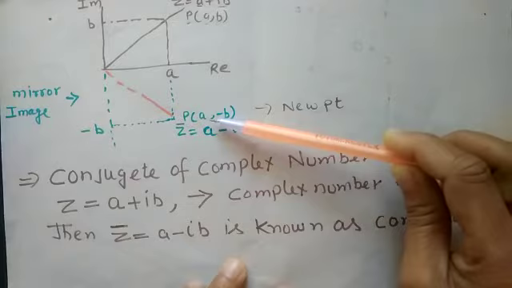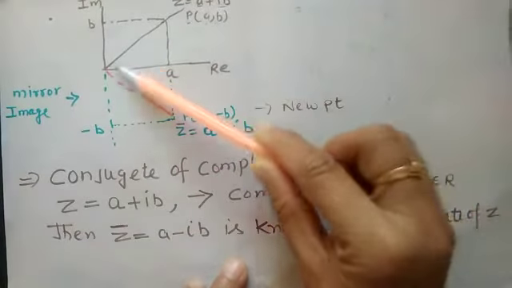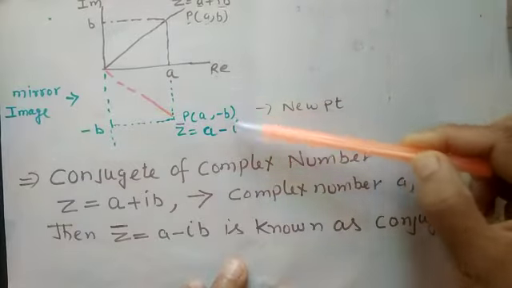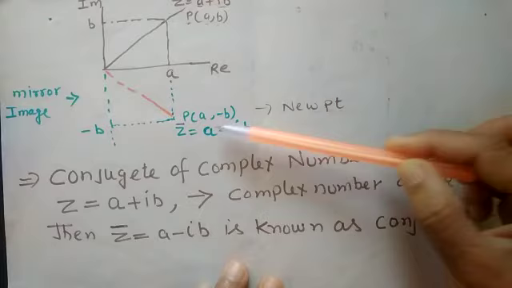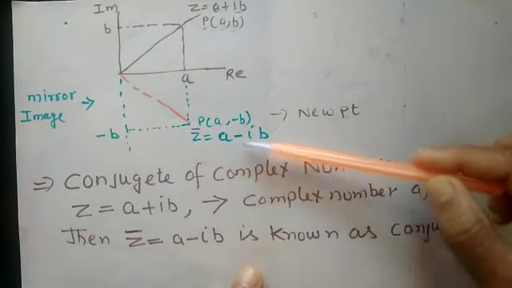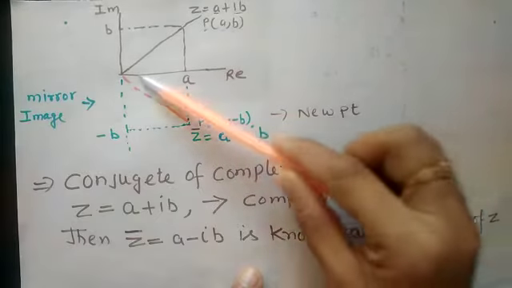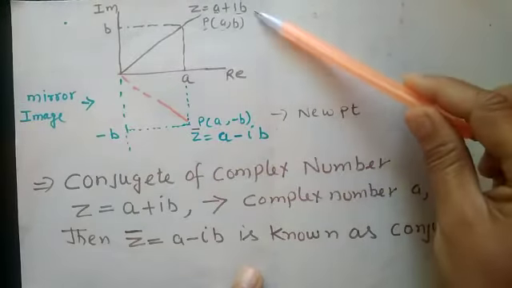So P will become a as it is. As I have told you, a will remain the same, but b will change. b will become minus b in the mirror image. So I will get these coordinates a, minus b, and the complex number must be a minus iota b. So this is the conjugate of the given complex number.